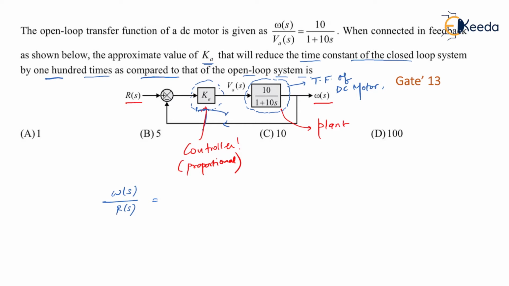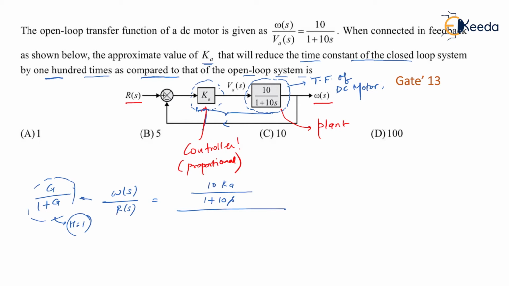So after multiplying these two, what will you get? You'll get 10 Ka upon 1 plus 10s. So this becomes the overall G, and the formula is G upon 1 plus GH, but since the H value is equal to 1, don't forget that. So the value of G is what I have written over here.